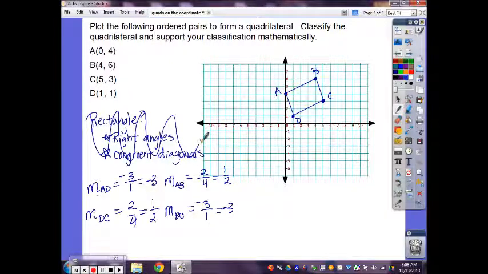Now what I do notice is that opposite sides are parallel. AB is parallel to DC. They have the same slope. And AD is parallel to BC. They have the same slope. So I have just shown that it is a parallelogram.